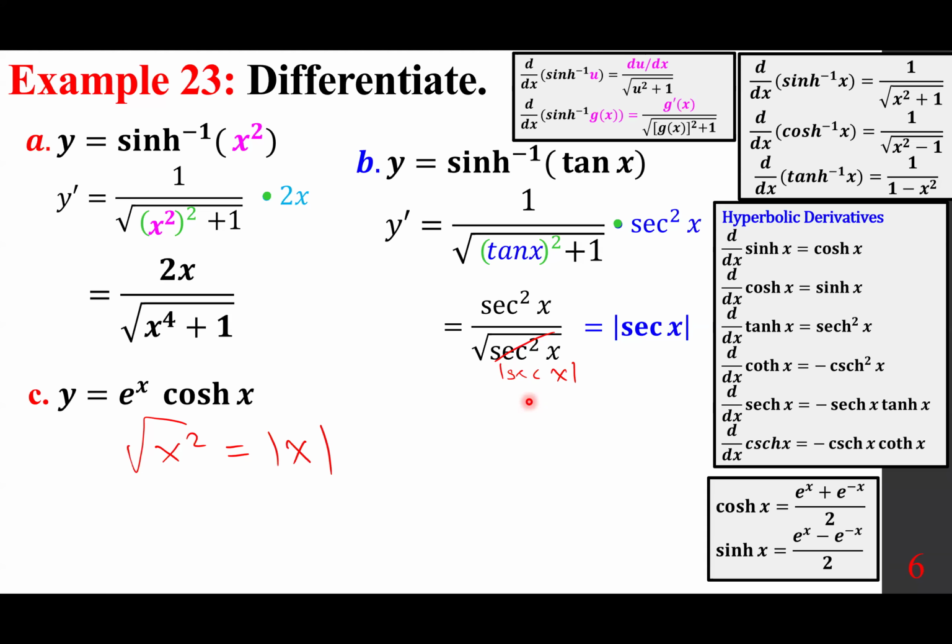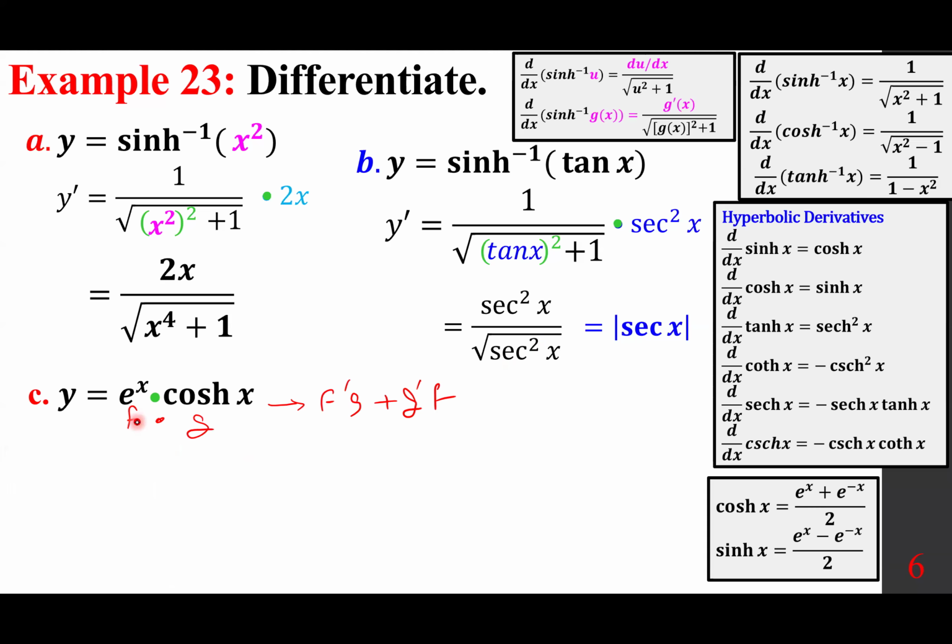And that's important to understand. Let me erase my book. So we notice, in this case, part C, y equals e to the power of x times cos x. So I'm going to put a raised dot in between and say, okay, this is f times g using the product rule. F prime g plus g prime f.